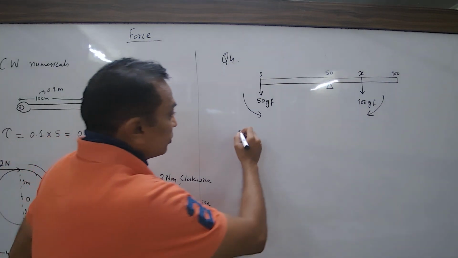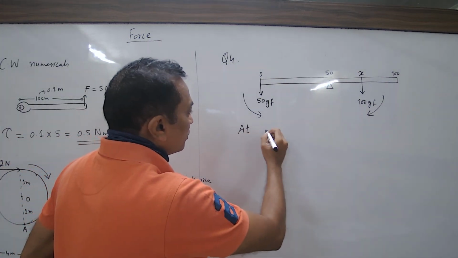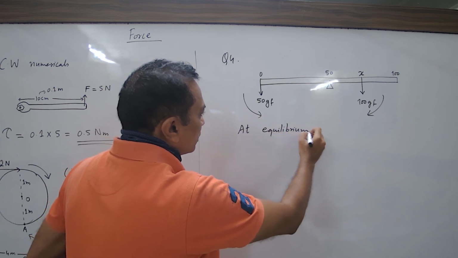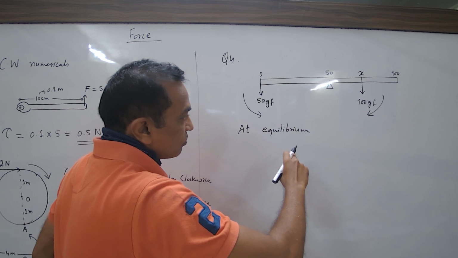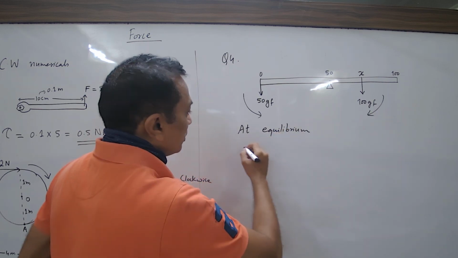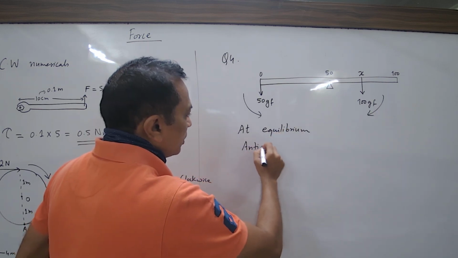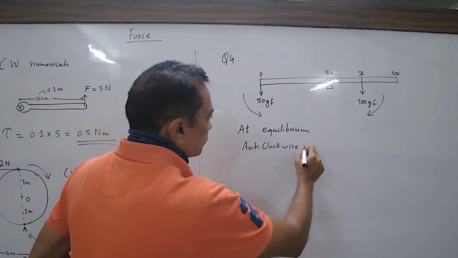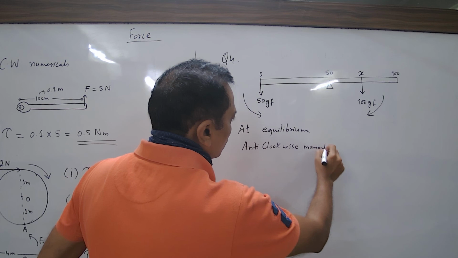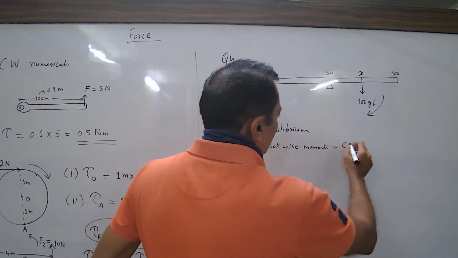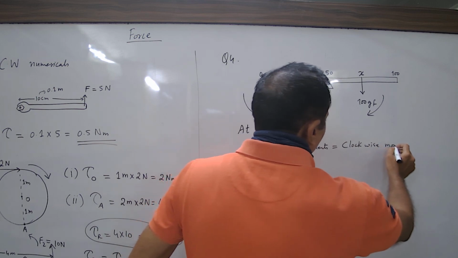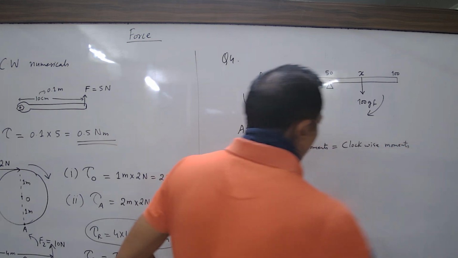So at equilibrium, what is the condition? Anti-clockwise moment should balance clockwise moment. Anti-clockwise moment should be equal to clockwise moment.